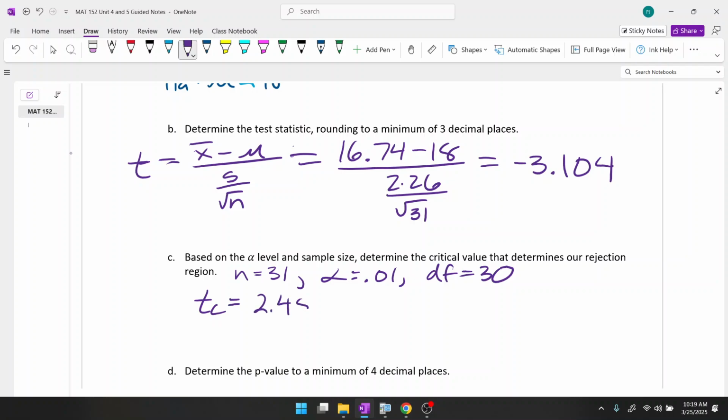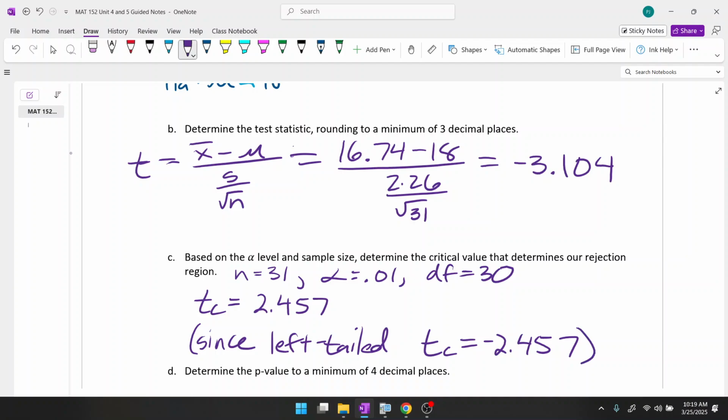But since this is left-tailed, the critical value would be negative 2.457. But here's the thing. That critical value for t is going to come back into play when we do the confidence interval.